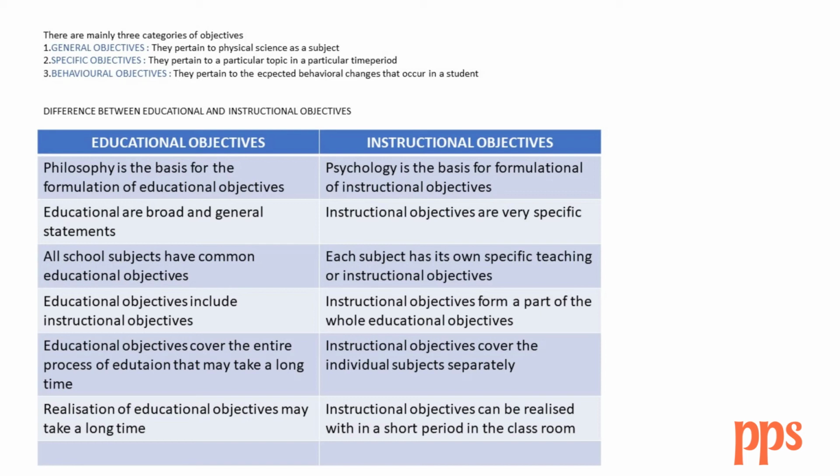Educational objectives are broad and general statements, whereas instructional objectives are very specific. All school subjects have common educational objectives. In the case of instructional objectives, each subject has its own specific teaching or instructional objectives.